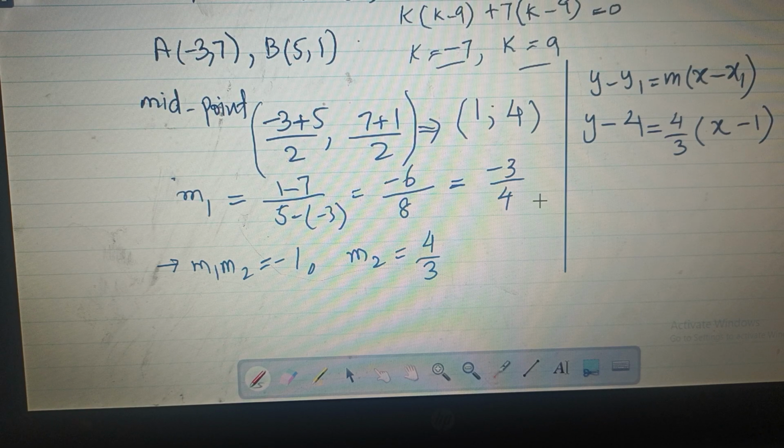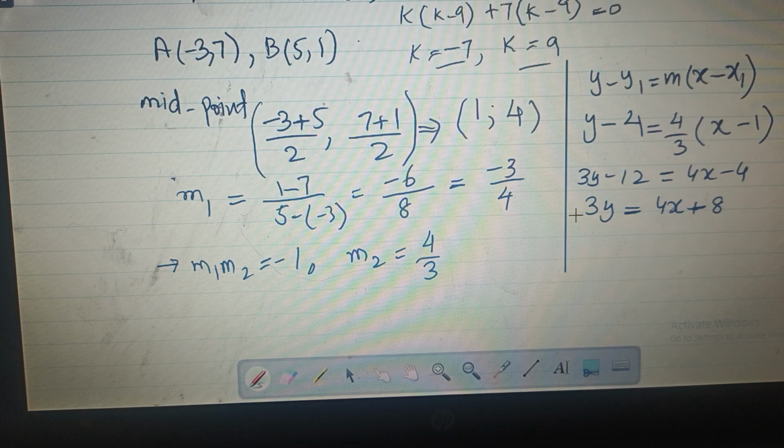Arranging this, I multiply by 3 on the whole equation. Then it is 3y minus 12 is equal to 4x minus 4. Taking minus 12 to the other side, 3y is equal to 4x plus 8.